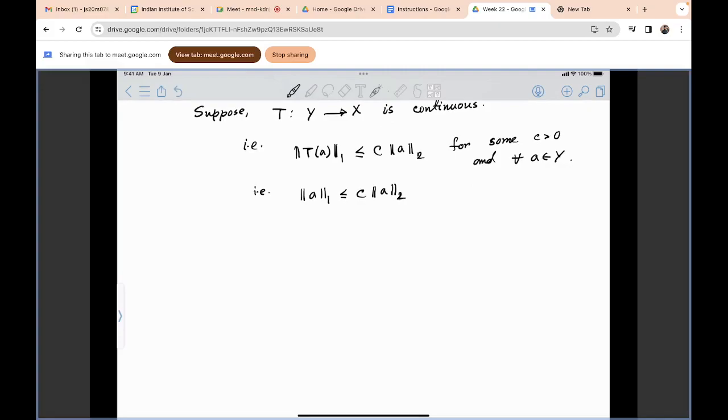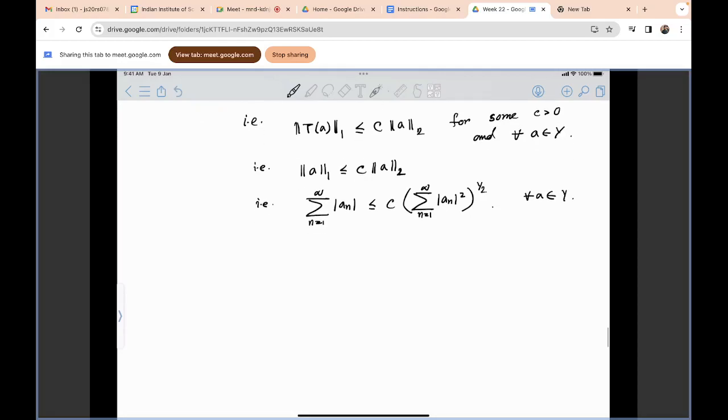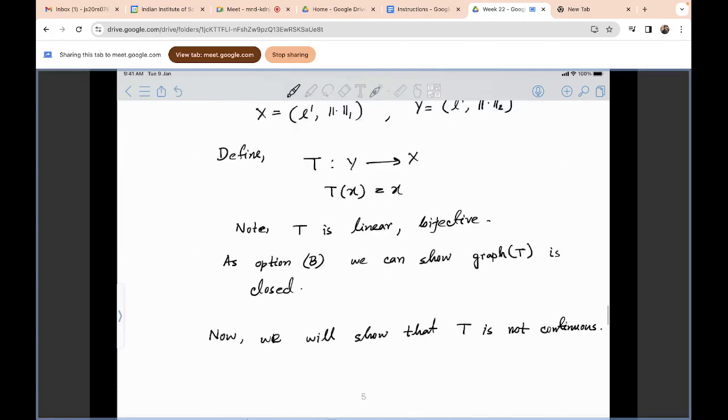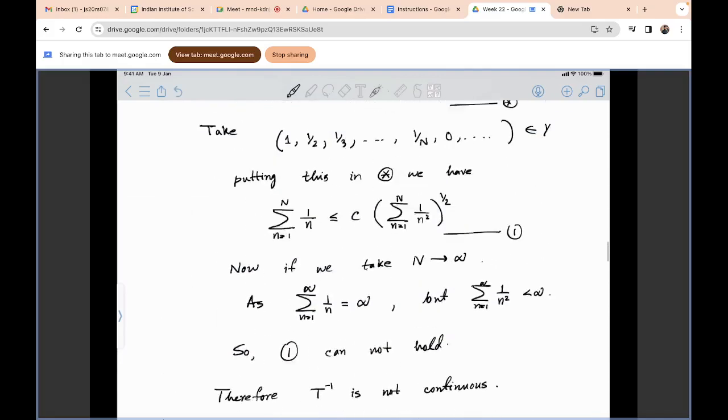This is again the sum from n equals 1 to infinity of an, less than C times the L2 norm. This is the same argument as we have seen earlier.